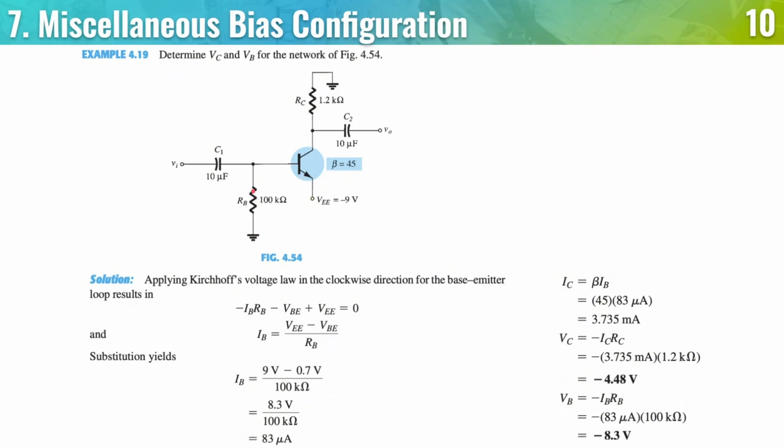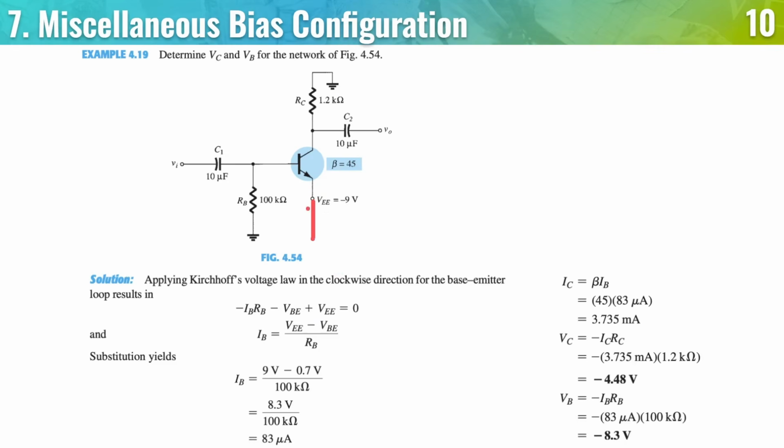First we have, okay, so again, the KVL is going to be negated because we have a negative source. So VEE plus this voltage drop of VBE plus this voltage drop of IBRB is going this way. And then we can just negate it again. Or we could just do it in the clockwise direction.